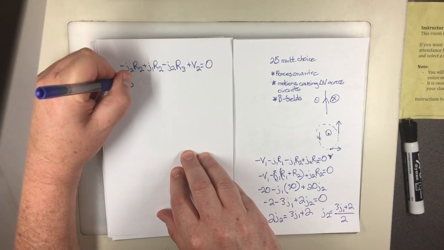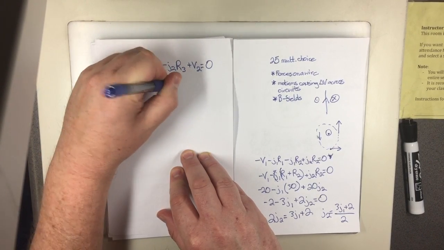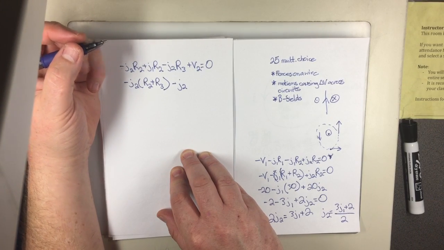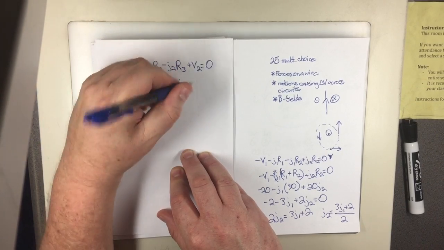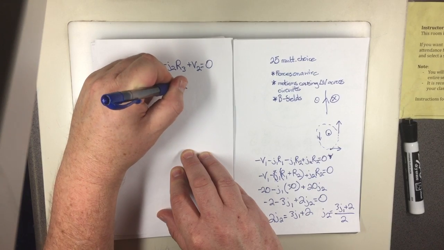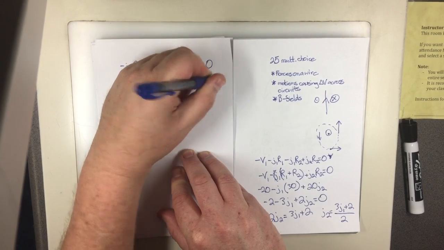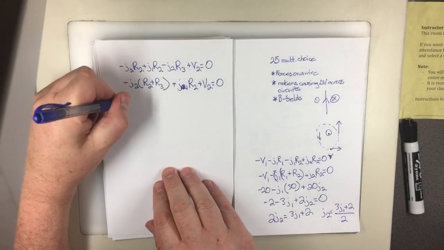So we get minus J2 R2 plus R3 minus J2. Nope. That goes in this. This is J1 R2, and it's positive. Plus V2 equals 0. Next. Plug in values.